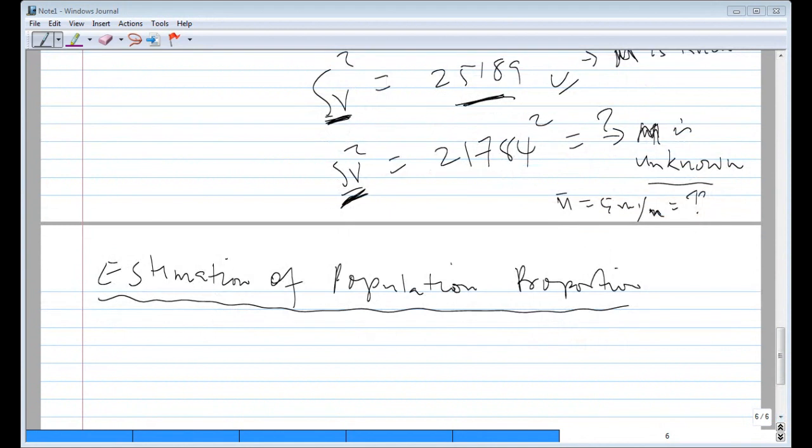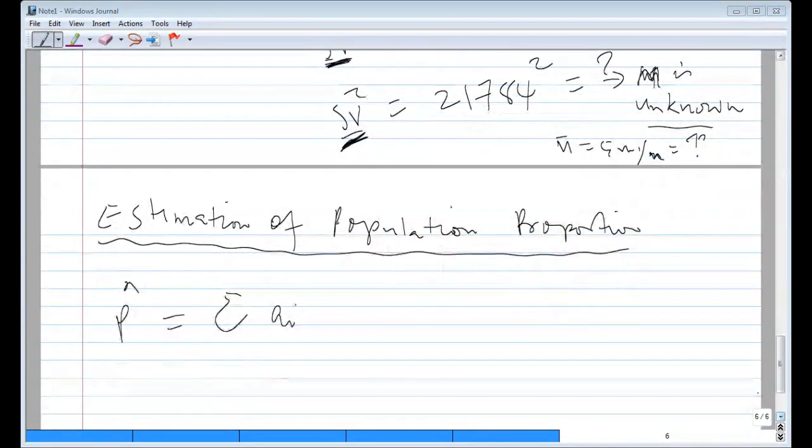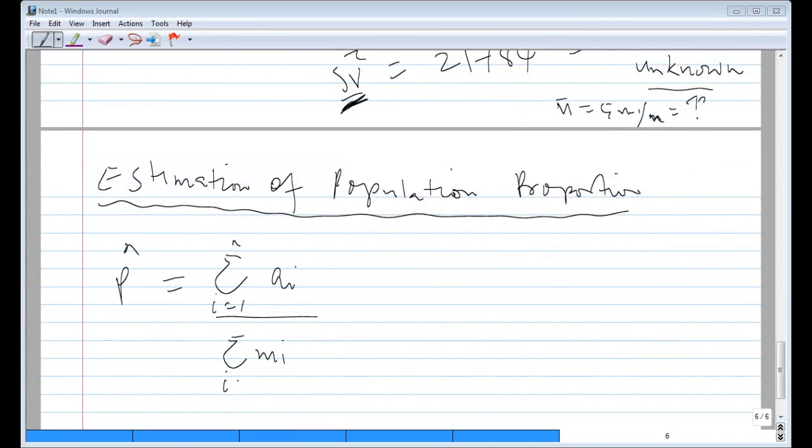So when you estimate the population proportion under cluster random sampling, we use p-hat, the estimated population proportion, which is equivalent to the summation of ai, i ranging from 1 up to n, divided by the summation of mi, i equal to 1 up to n.